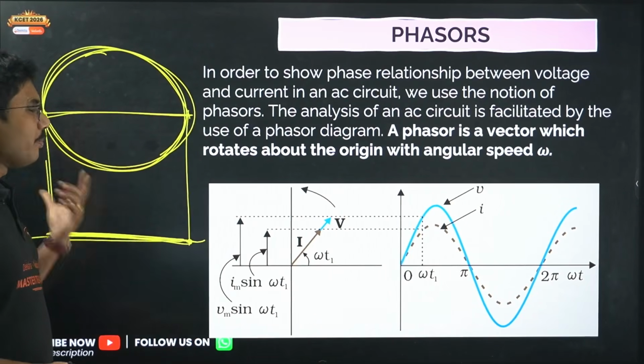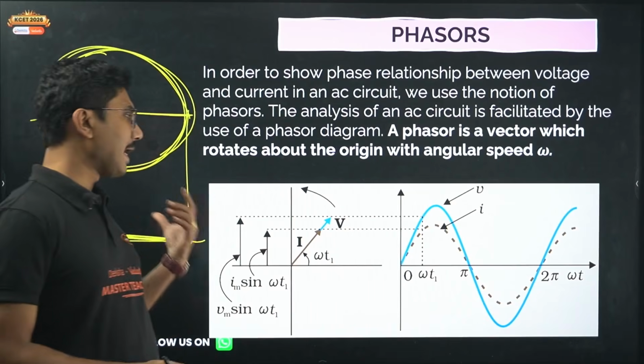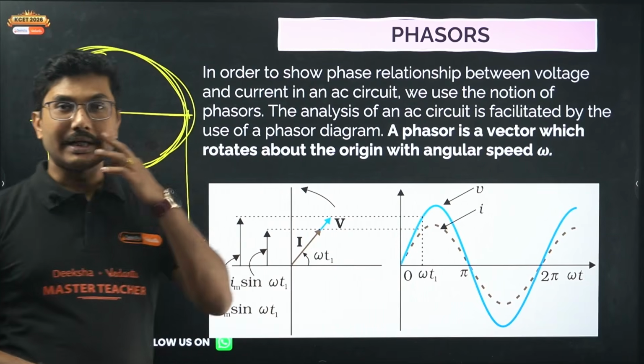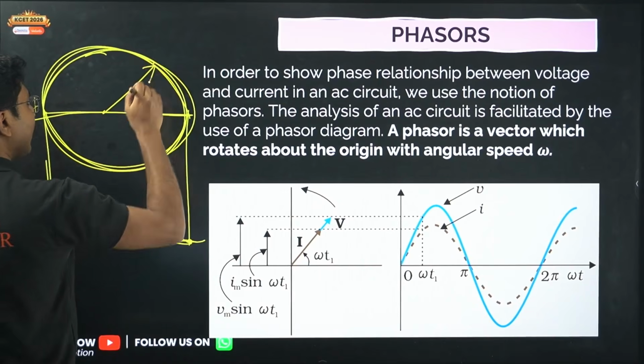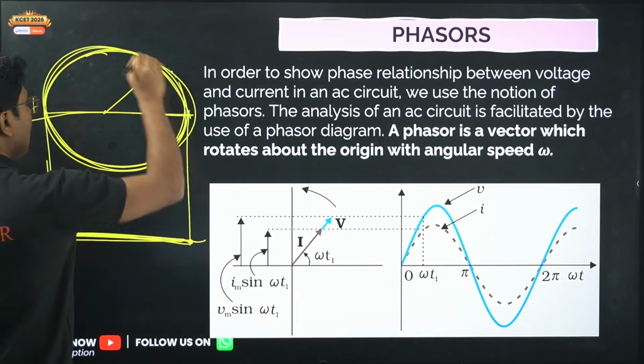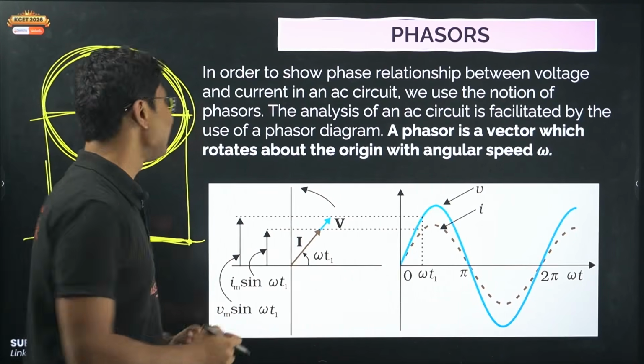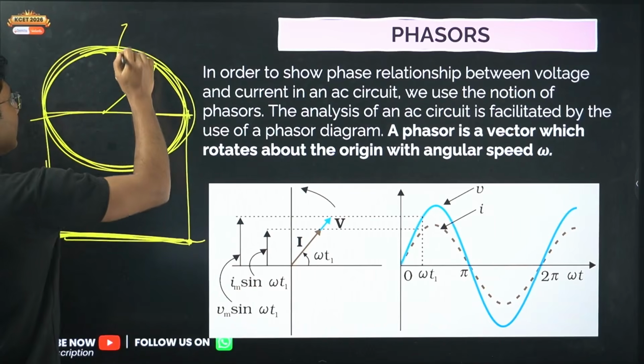Okay, now using the same concept we can use it in case of AC as well. So in AC, what do we assume? We assume a simple vector which is rotating in a circle. A vector rotating in a circle, this is called a phasor.